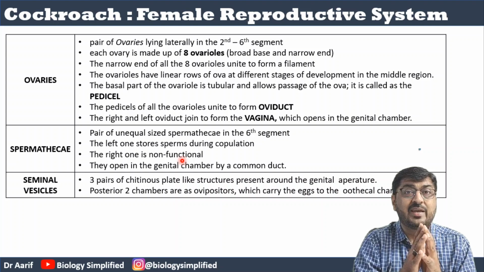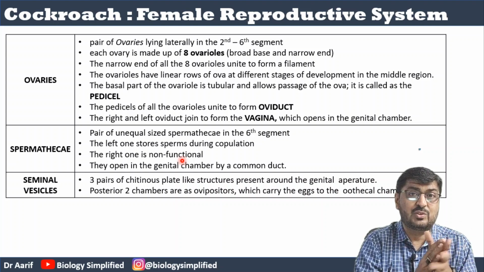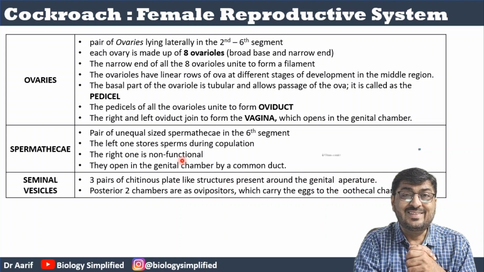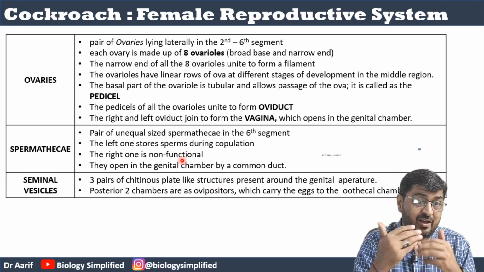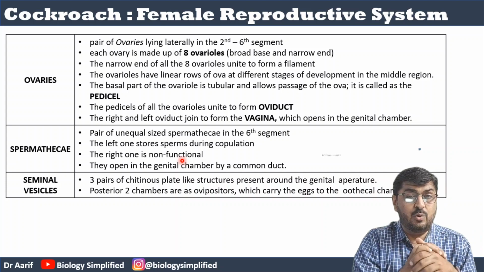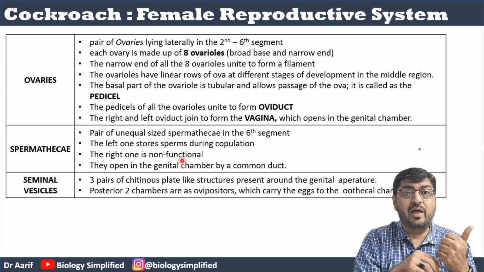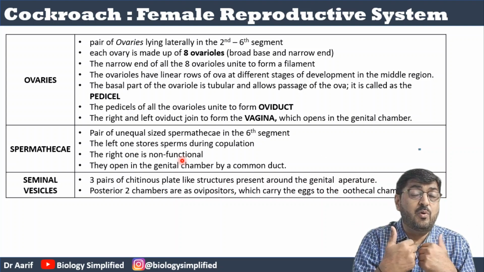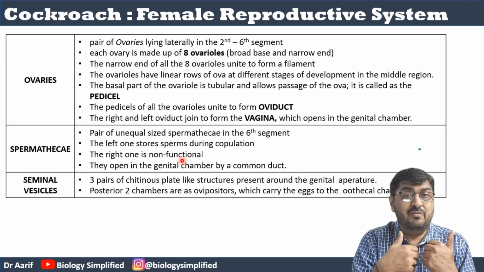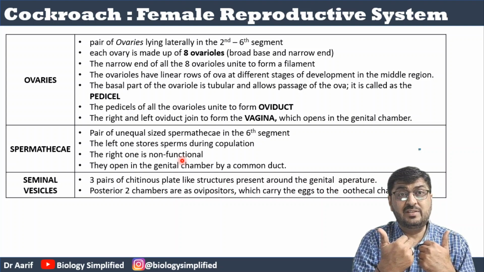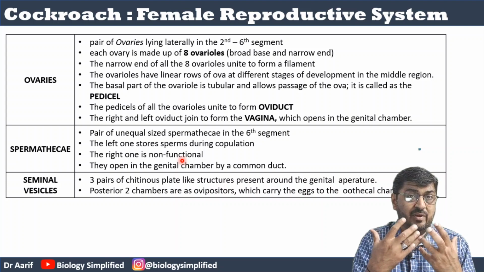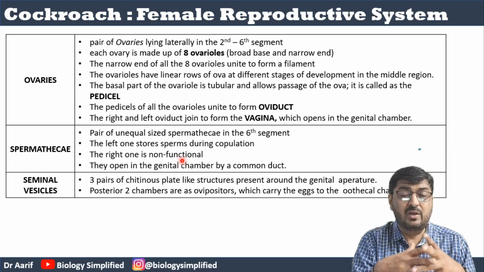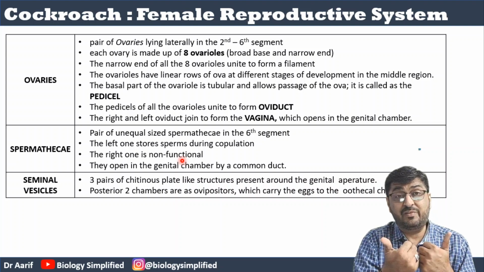Do you understand what it is? It is the spermatophore which is stored in the spermathecae, because it is a whole bundle with a 3 layered covering. So the left one stores, the right one is non-functional. Sometimes there is confusion, as there are two opposite things. Sometimes in the exam when such a question comes, you are confused between right and left.